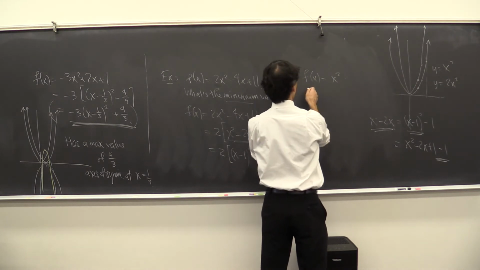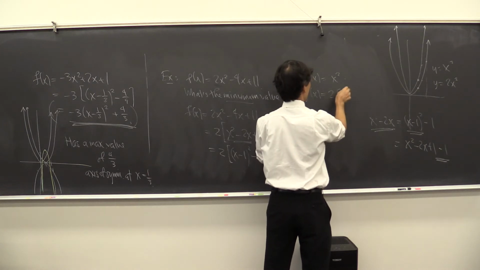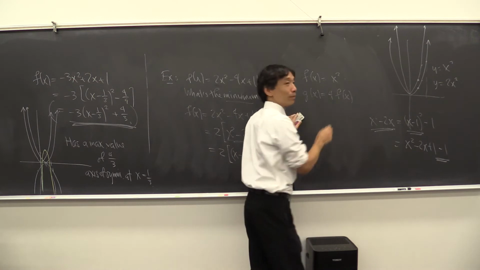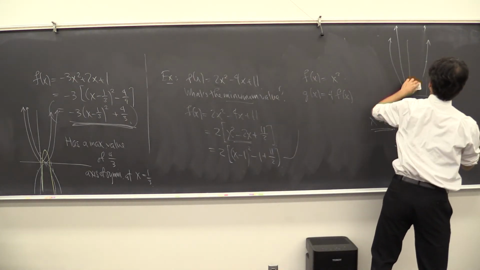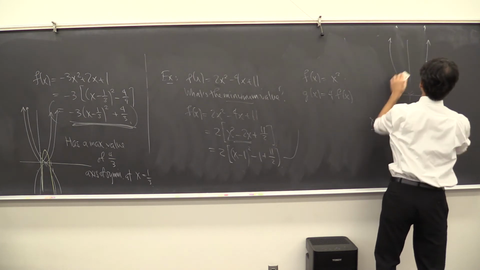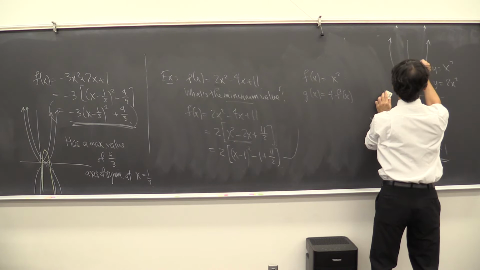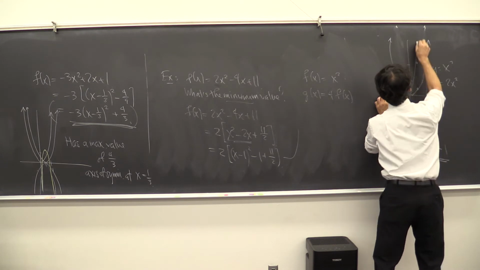I have this other parabola, g of x is twice f of x, or maybe 4 times f of x. So that would be if I stretched everything by 4. So this guy gets multiplied by 4, and it's going to go up like this.